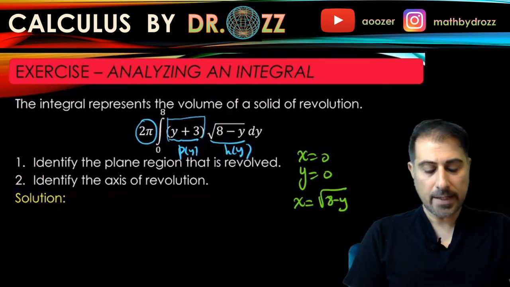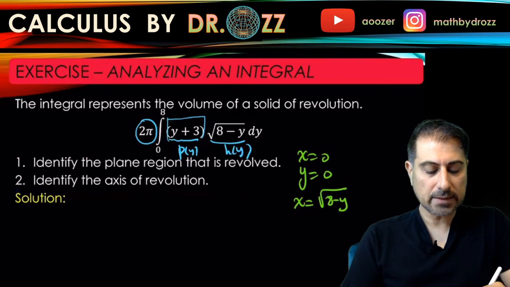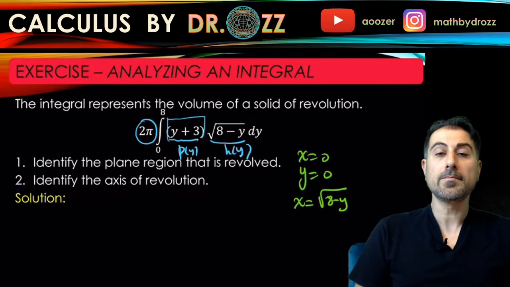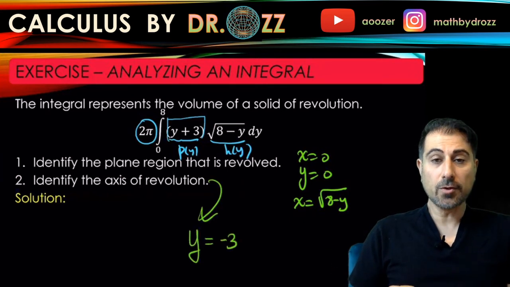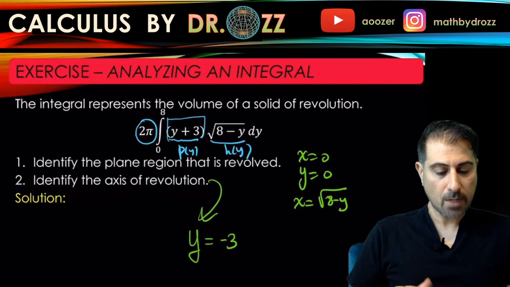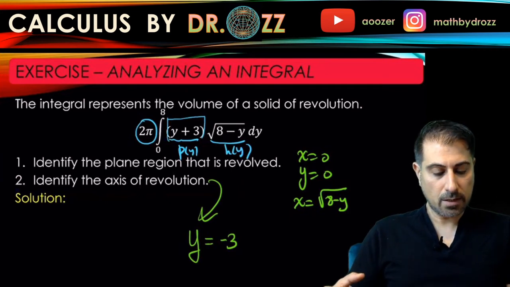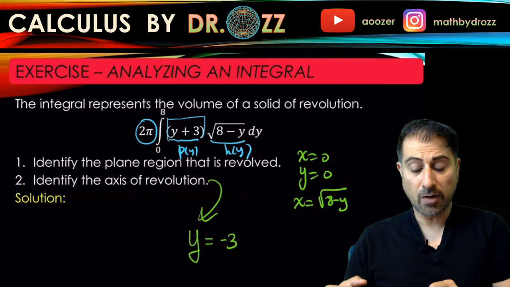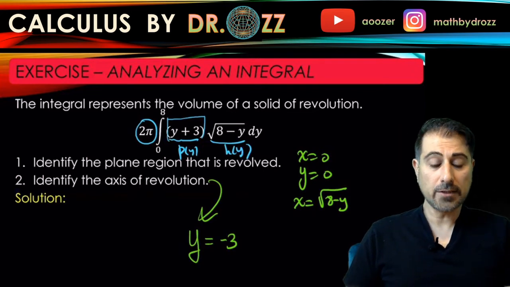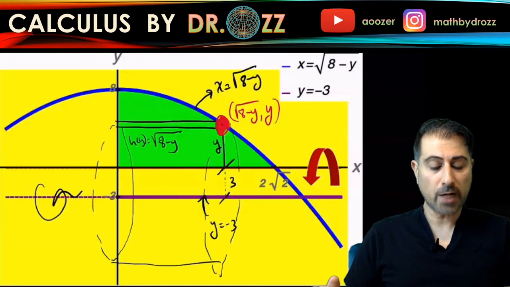The axis of revolution is y equals -3. I think this is the only setup that you can go with to get that integral, representing the volume of this green region revolved around y equals -3.